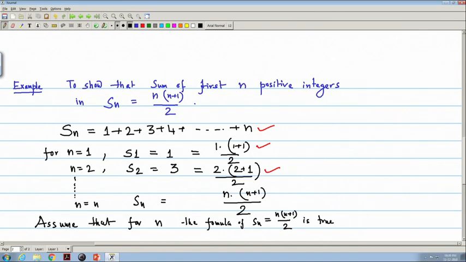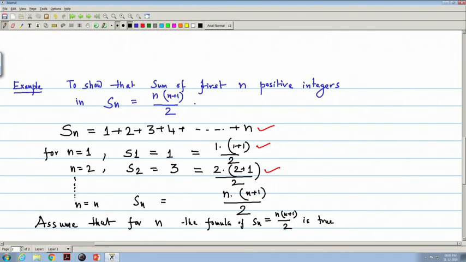Now, if we can show that for the next value of n it is true, then we can tell that for each value of n the formula is true. So we see for n equal to n plus 1.